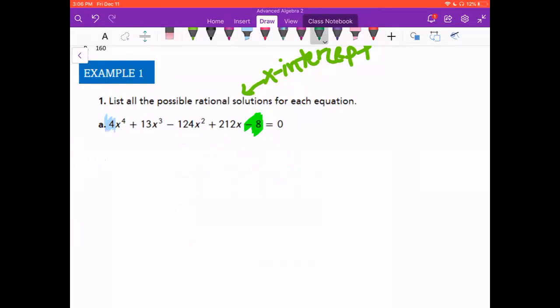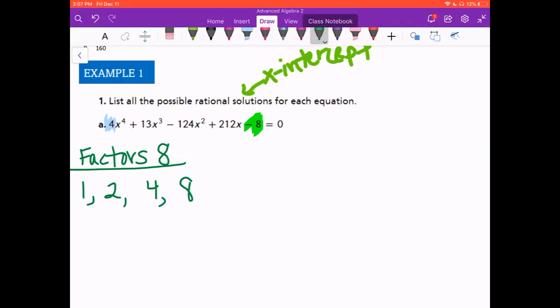So I'm going to start off by saying factors of 8. And we don't have to worry about the negative. We'll take care of that in a minute. So factors of 8 are 1, 2 will divide evenly into 8. 3 won't divide, but 4 will divide. 5, 6, 7, and 8.